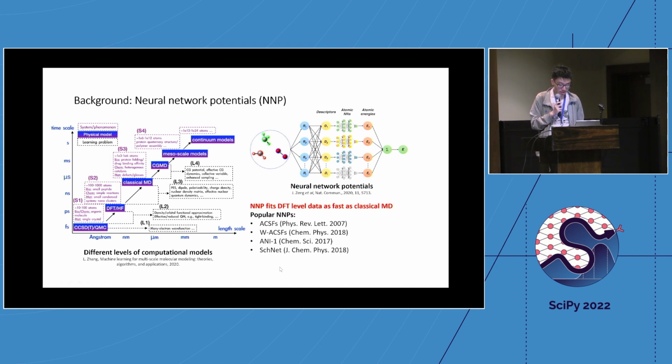And there are a lot of popular neural network potentials. However, at that time, there was no open source software to implement these potentials.